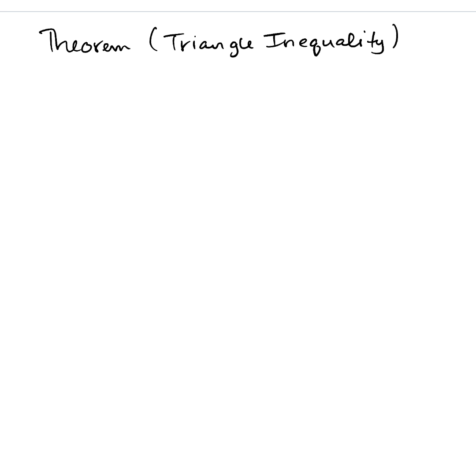Now they call it this because you guys know it in a very geometrical sense, that the longest leg of a triangle is shorter than the sum of the lengths of the other two legs, or like the shortest distance between 2 points is a straight line.